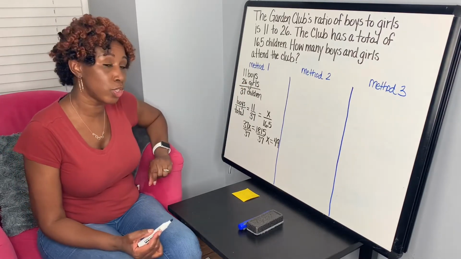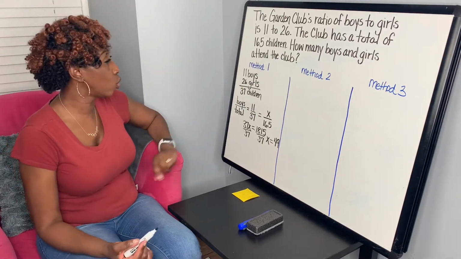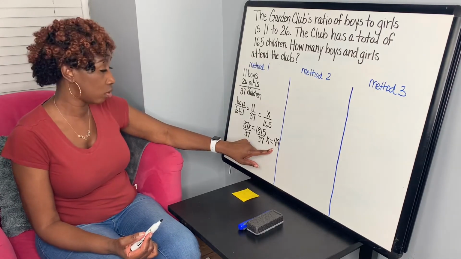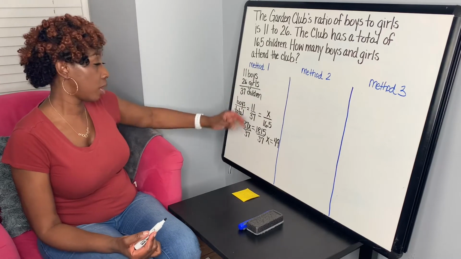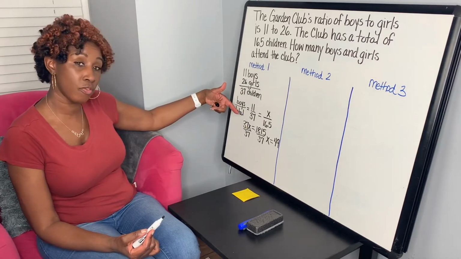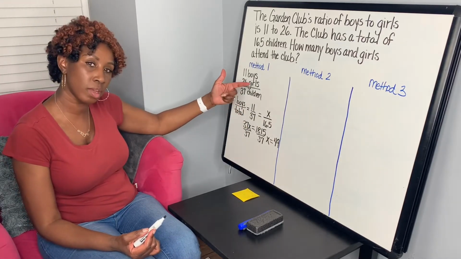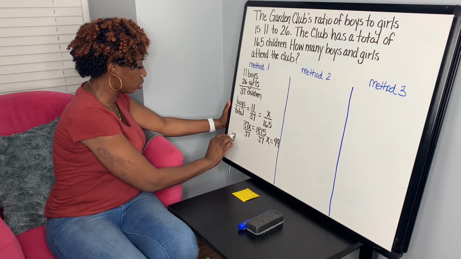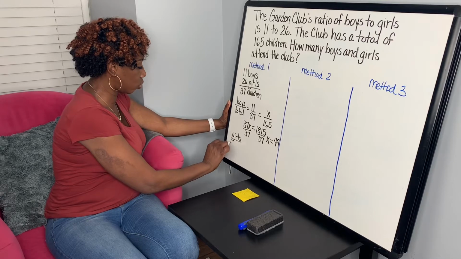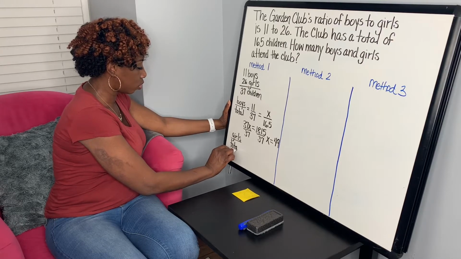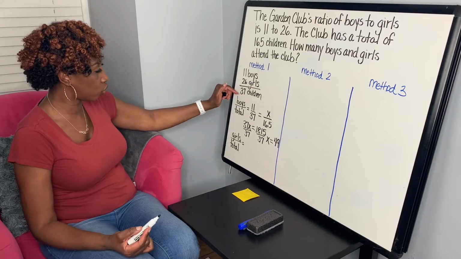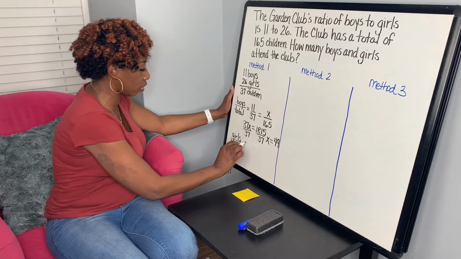So how many girls do I have? Well, I could do 165 minus the 49 to find out how many girls. Or I could set up a proportion similar to what I set up for the boys. So let's do it by setting up the proportion. I'm going to do the same thing, girls over my total. For girls, out of my sample of 37 children, I had 26 of them girls.